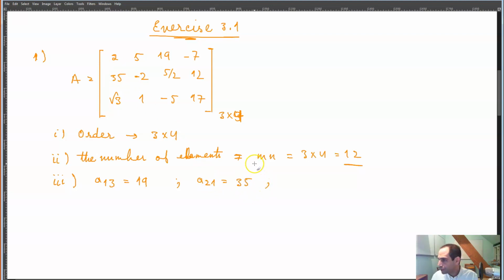A of 3, 3 is the element in the third row, third column, which is -5. A of 2, 4 is the element in the second row, fourth column, is 12, right? And A of 2, 3 is second row, third column, which is 5 halves.